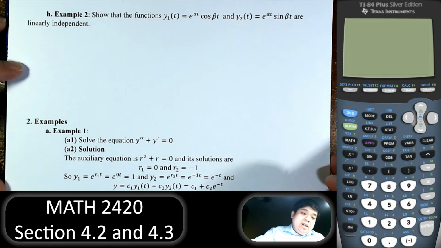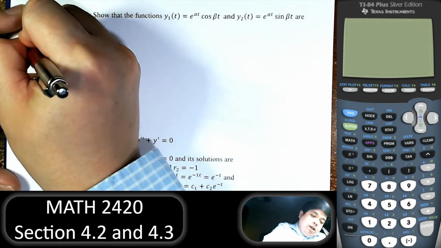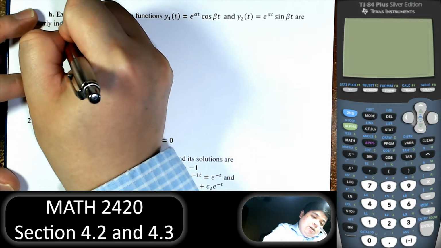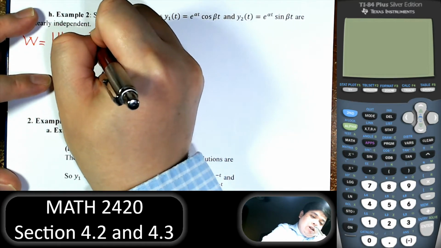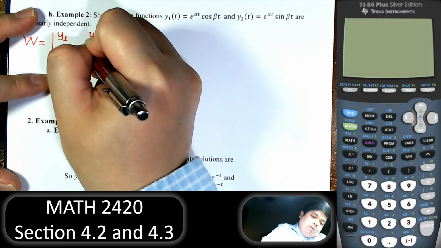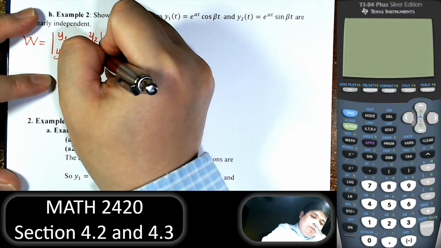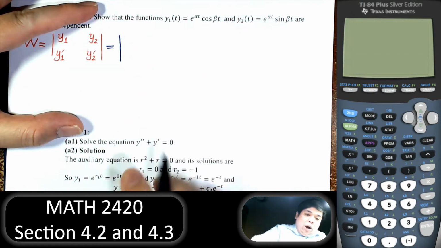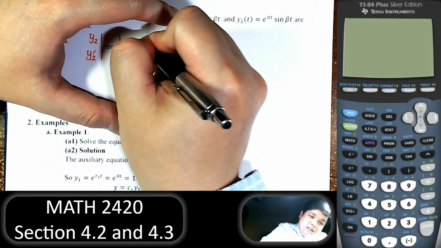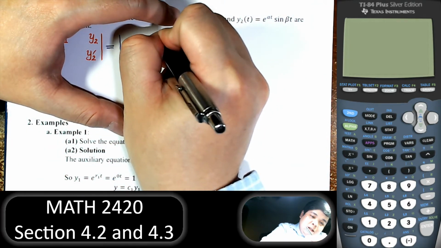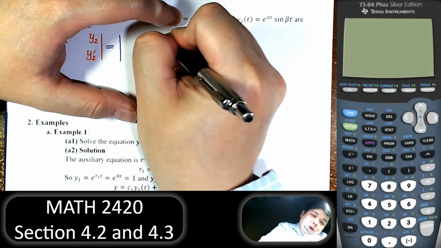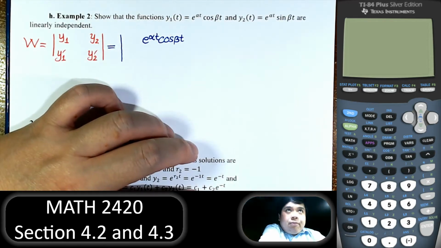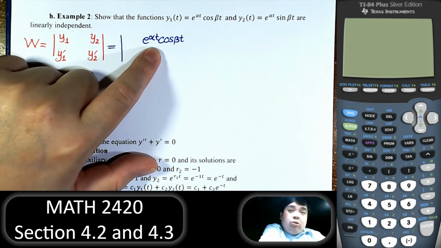In that case, we will compute the Wronskian: y1, y2, y1 prime, y2 prime. y1 is e to the alpha t cosine beta t. I try to write small, we might not have enough space. We take the derivative of that.